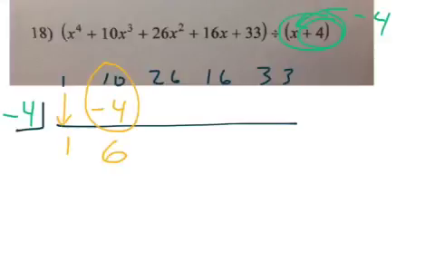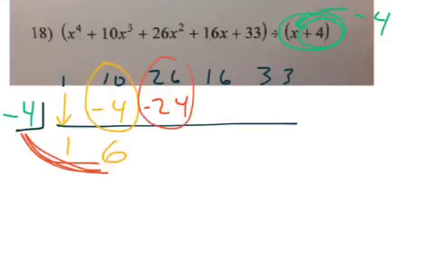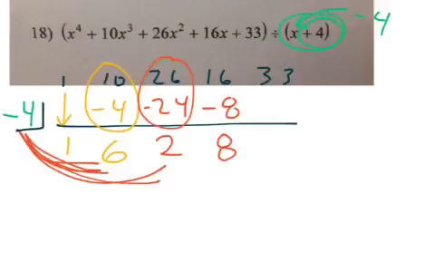So again, I'm going to multiply negative 4 times that 6, and I hope you agree that's negative 24. And notice here I'm going to get a positive 2. And when I multiply 2 times negative 4, I'm going to get a negative 8. And that means 16 minus 8 is 0, or sorry, 8.